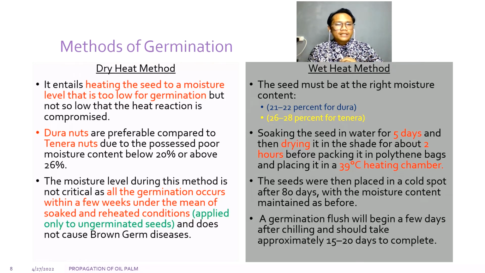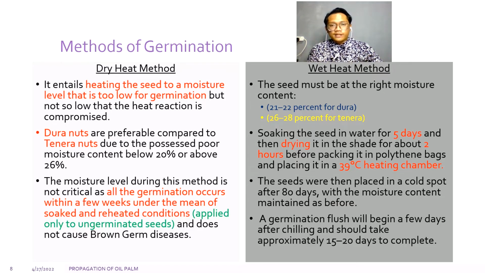The moisture level during this method is not critical, as all the germination occurs within a few weeks under soaked and reheated conditions. This condition is only applied to the ungerminated seed during the germination period and does not cause brown germ disease as happens in the tissue culture method.